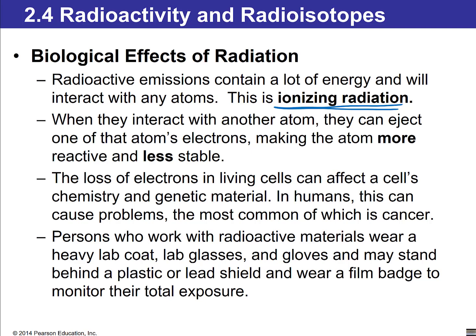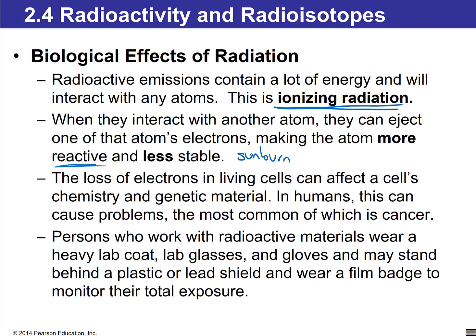It can cause that molecule to then change in its appearance, to change in its activity. It can make it more reactive. It can make it more stable. It can cause it to break down, depending on the amount of energy exposed and the length of time that ionizing radiation is exposed. A good example, a sunburn.